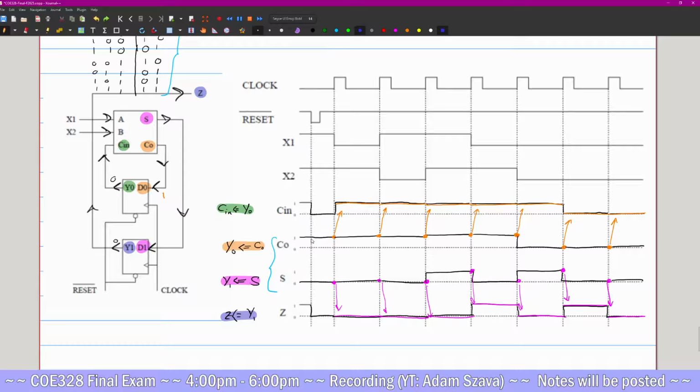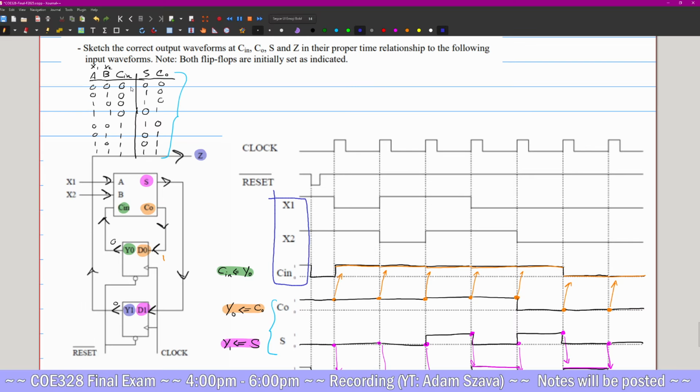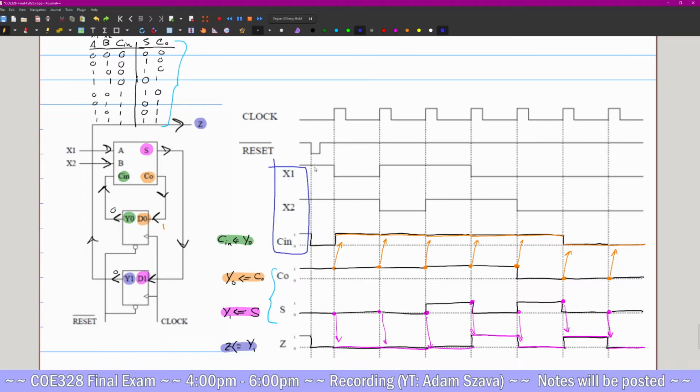Why does Cout start high and stay high? It doesn't really matter. Cout is a function of x1, x2, and Cn, right? So at all stages, the value of the output, you use this truth table, right? That's what the blue bracketing is telling us. Let's look at this one here, for example. It's 1 plus 1 plus 0.